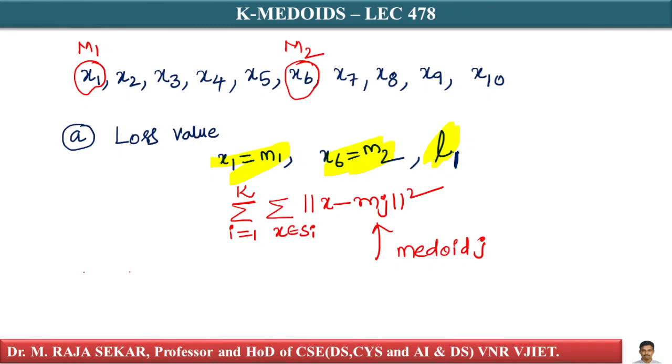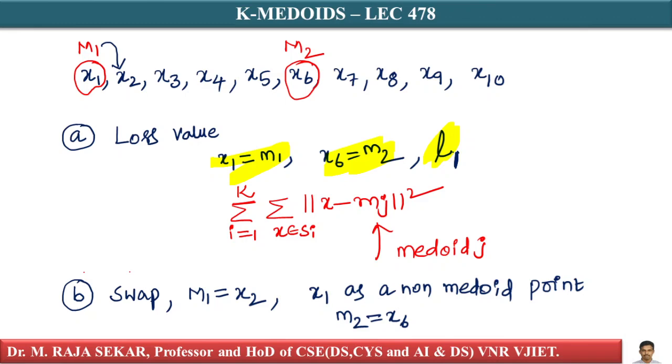Now I will swap a medoid point with a non-medoid point, that is, I will make m1 equal to x2, and x1 becomes a non-medoid point.